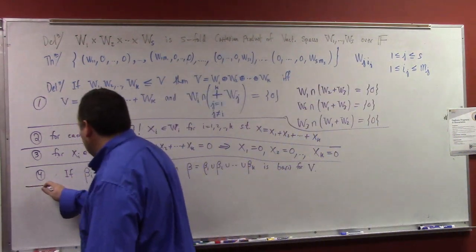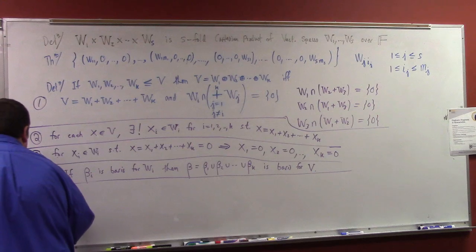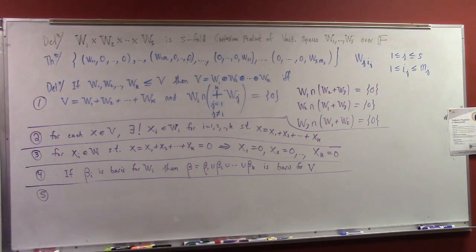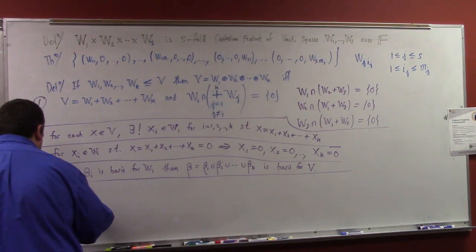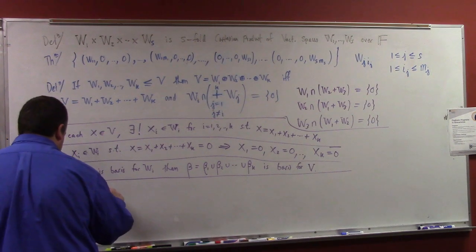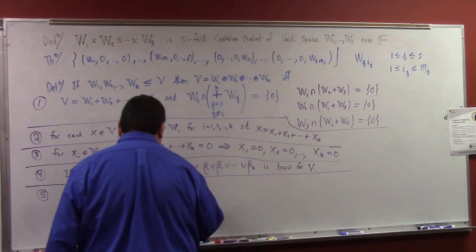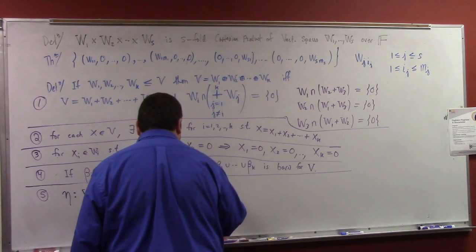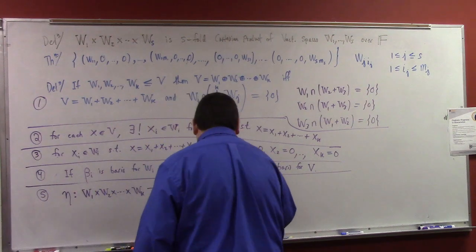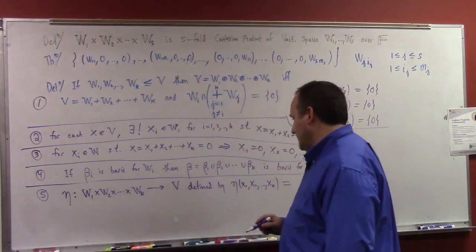But perhaps the most important is that the mapping, I've called it pi in the notes, but let me call it eta, the mapping eta from the Cartesian product of W1, W2, ..., Wk to V, defined by eta of (x1, x2, ..., xk) equals what?